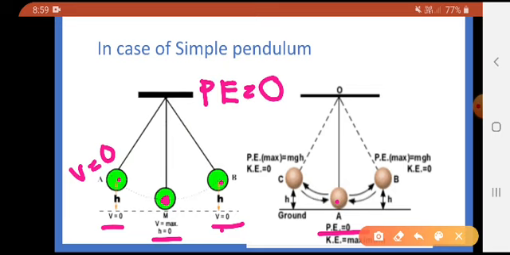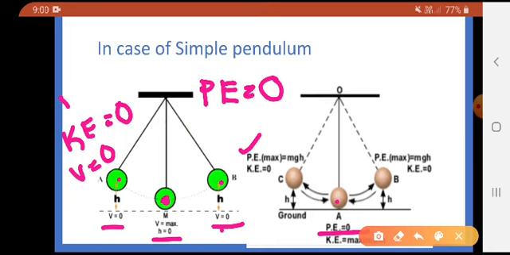Right? Velocity equals 0 means kinetic energy equals 0, and potential energy is maximum, because potential energy is the energy acquired by the body due to its position or state, and kinetic energy is due to its motion.